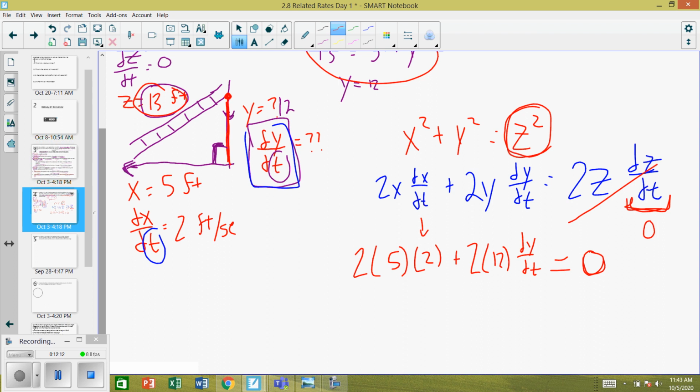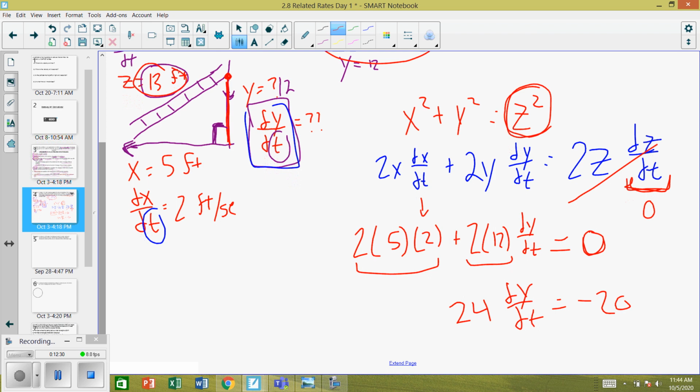Okay, so let's simplify it. 2 times 5 times 2, what's that? 20. So I'm going to subtract that to the other side. And this is 24. So 24 dy over dt equals negative 20.